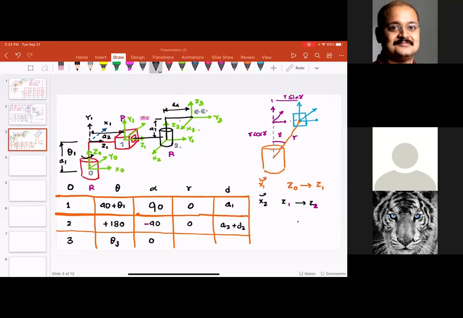In this particular case, the A4 parameter cannot be represented anywhere in the DH table. So I'm going to write the D4 parameter, which is A3. So now the question is, what comes here? And you would be correct to say 0. But please understand, no matter what you do, this parameter A4 does not appear in the table, which means when you find your homogeneous transformation matrix, it will be missing A4.